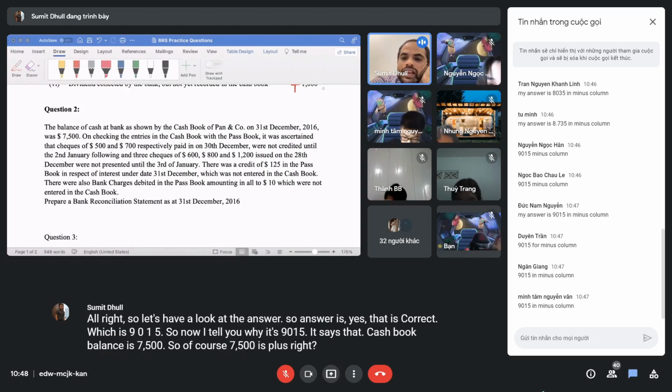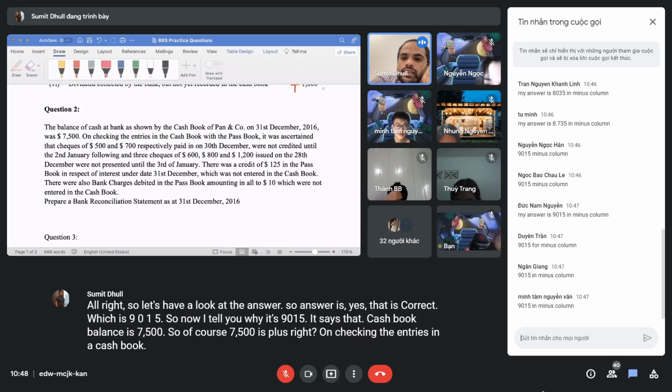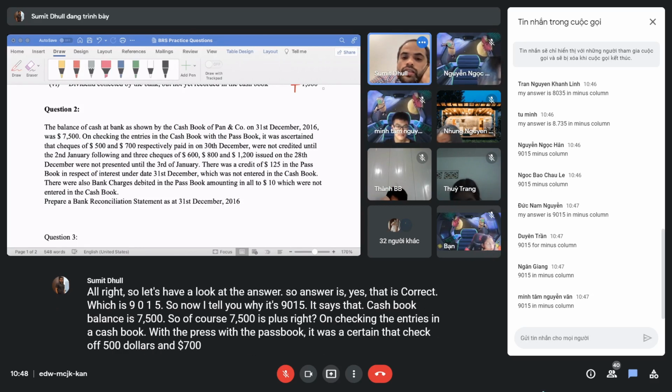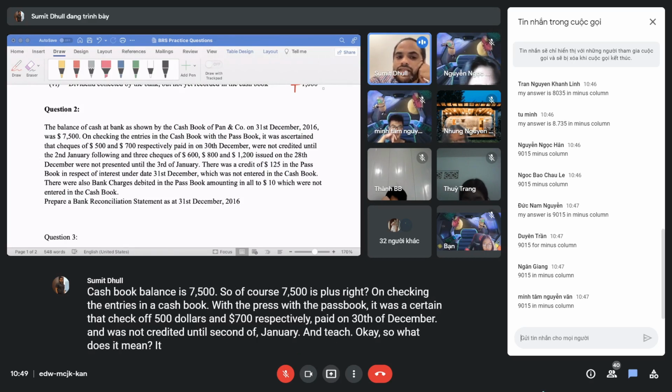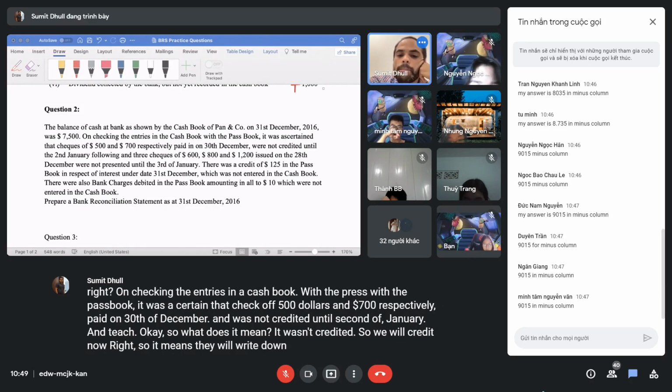On checking the entries in the cash book with the passbook, it was ascertained that checks of $500 and $700 respectively were paid on 30th December and were not credited until 2nd January. So what does it mean? It wasn't credited, so we will credit it now. It means we will write it down in the minus column, because the minus column is your credited column.